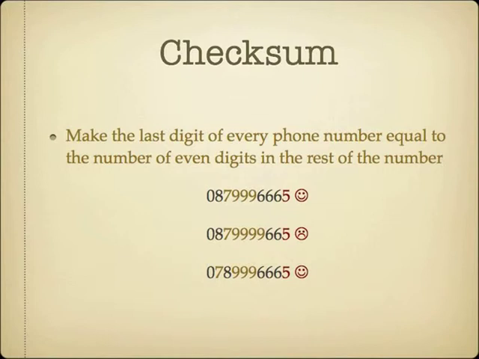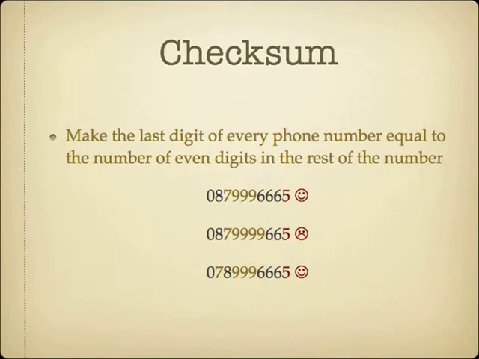Now, a checksum is a digit or number of digits that don't actually do any work in the number apart from verifying its validity. So you could use the last digit of the phone number as a checksum and decide that the last digit should always be equal to the number of even digits in the rest of the number.